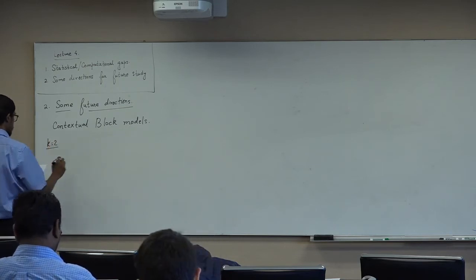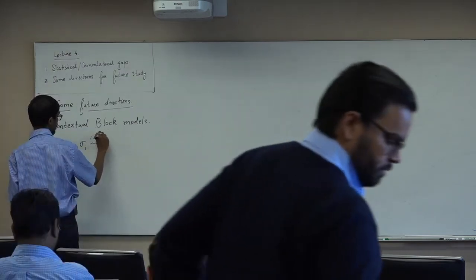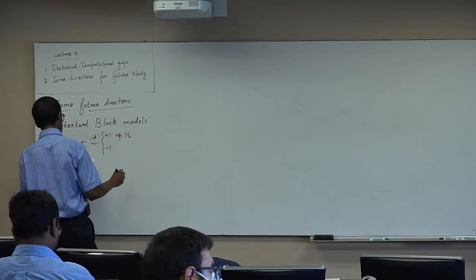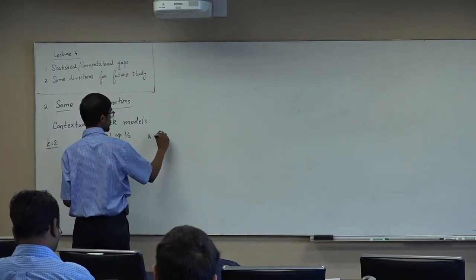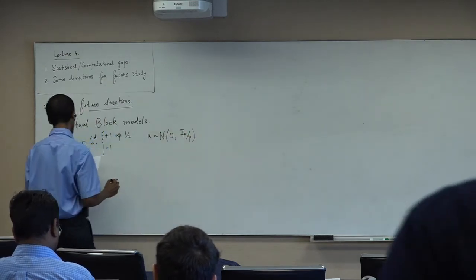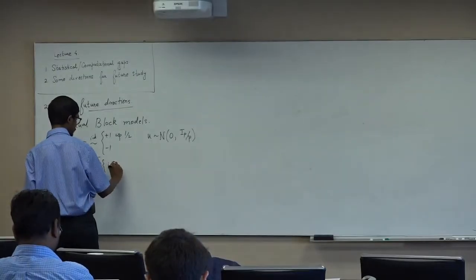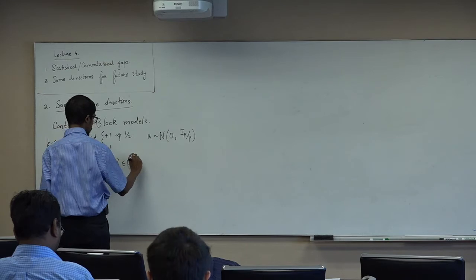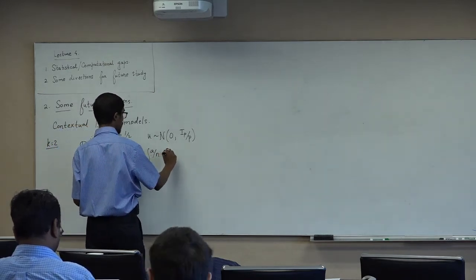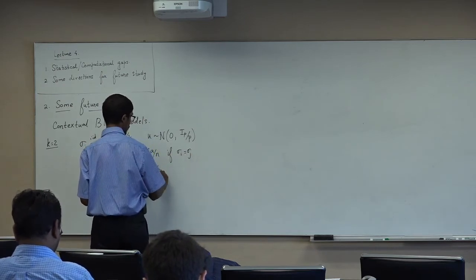Two communities: I have sigma_i, which are IID plus 1, minus 1 with probability half. I have some latent u, which is normal, 0, I_p over p. The probability of an edge is a over n if sigma_i is sigma_j and is b over n otherwise.